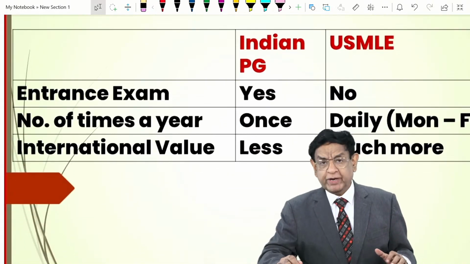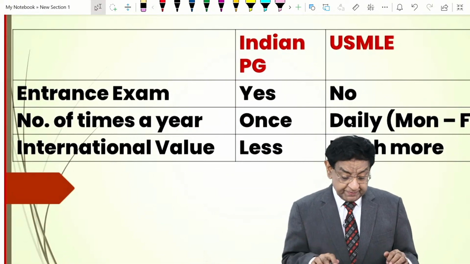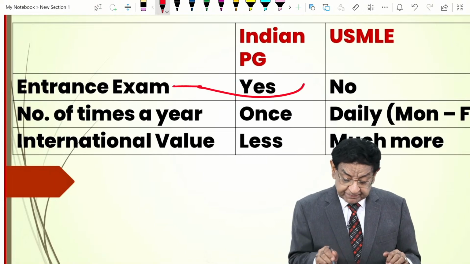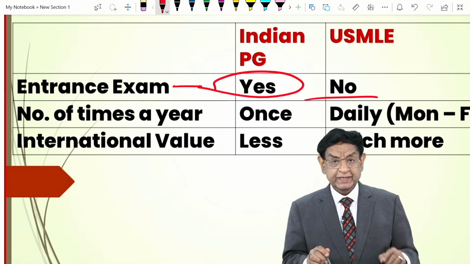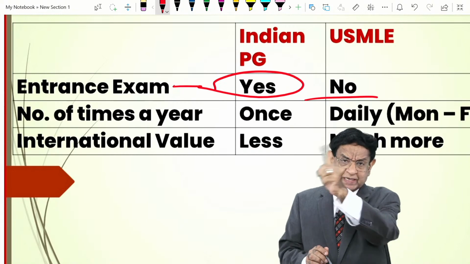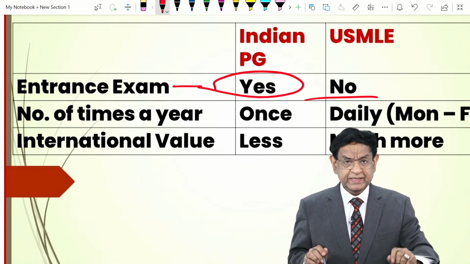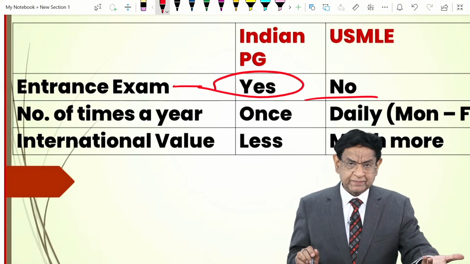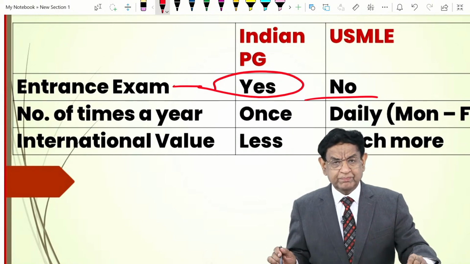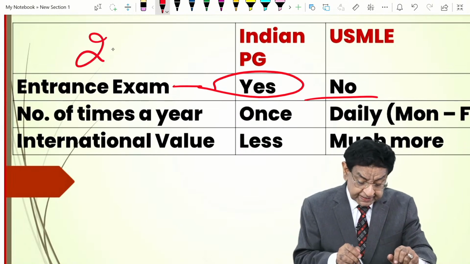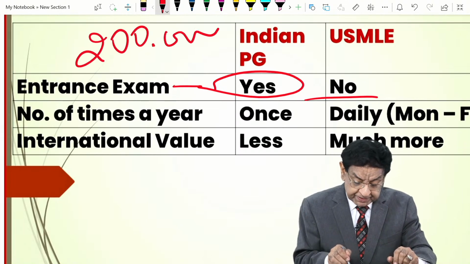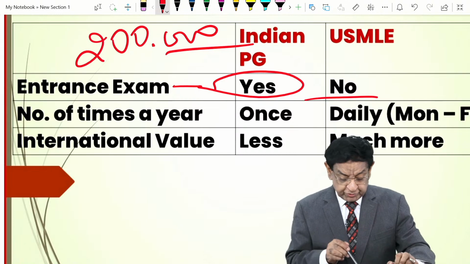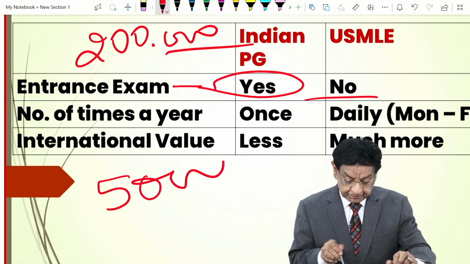Now let me give you a comparison of Indian PG and USMLE. This is an entrance exam. In an entrance exam, you should know what others know. It's a game of musical chairs. Even if you are a good student, 2 lakh people write this Indian PG exam. If you want a good rank, you have to be among the first 5,000.